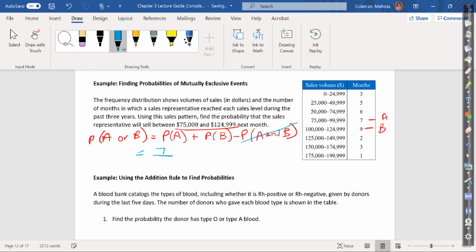It tells us that there are 3 years. Be careful, this is in months. I could also add this up, and that would be 36 months. So 7 out of 36 plus 9 out of 36. So 16 out of 36, which is approximately equal to 0.447. And it makes sense that about half the time he was in that target area anyway. So about half the time, that's where he should reach.